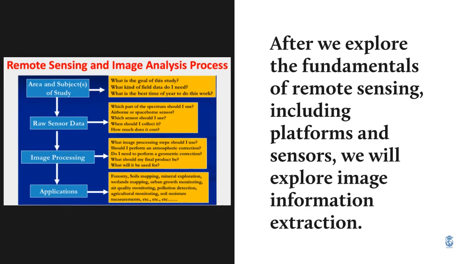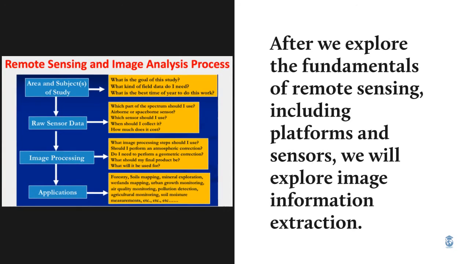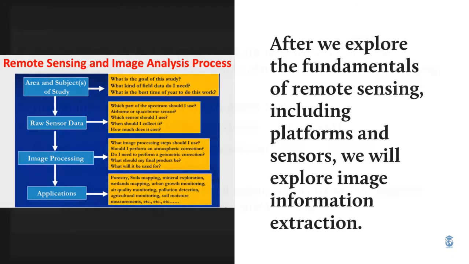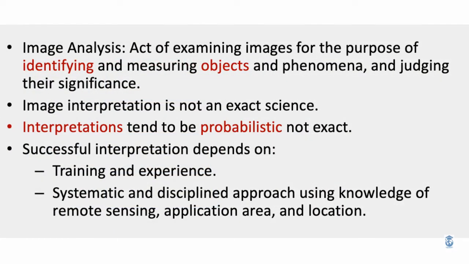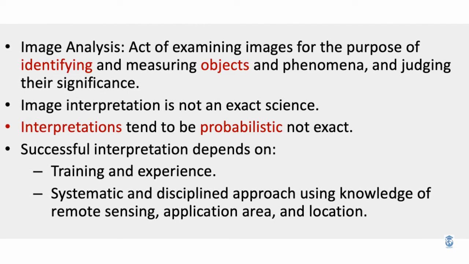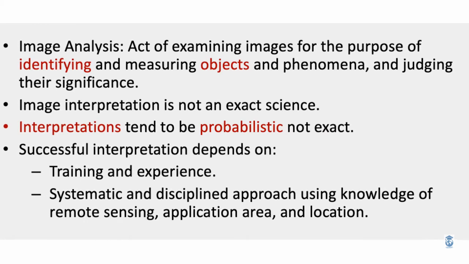After we explore the fundamentals of remote sensing, which includes platforms and sensors, we're next going to explore image information extraction. Image analysis, or image information extraction, is the act of examining images for the purpose of identifying and measuring objects and phenomena and judging their significance.